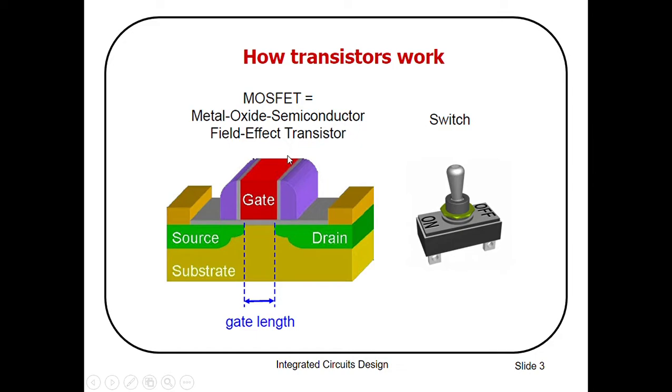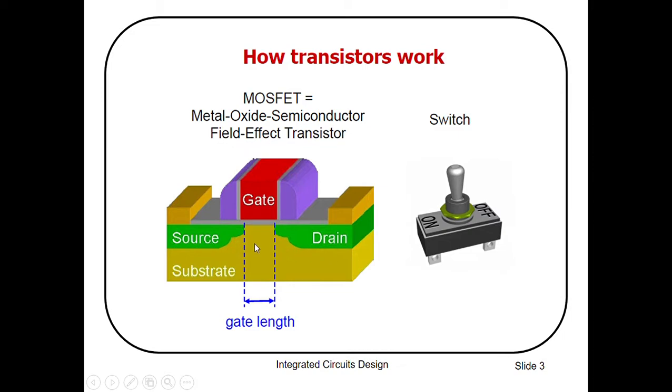Input gate current to the MOSFET is always zero because the gate is connected to the channel via an insulator. So there is no gate current to the MOSFET; its Ig is always zero. You apply voltage at the gate terminal and the drain terminal, and you control the current between the source and the drain.